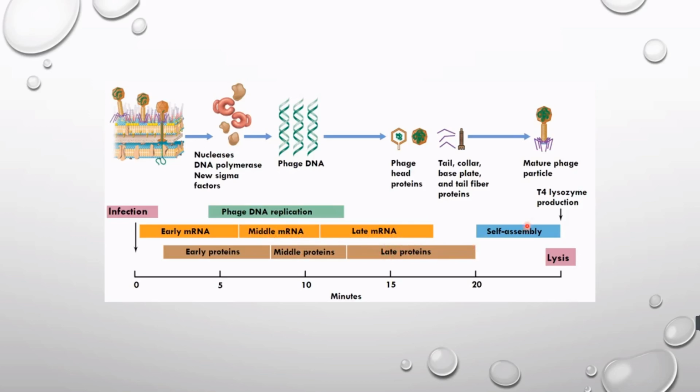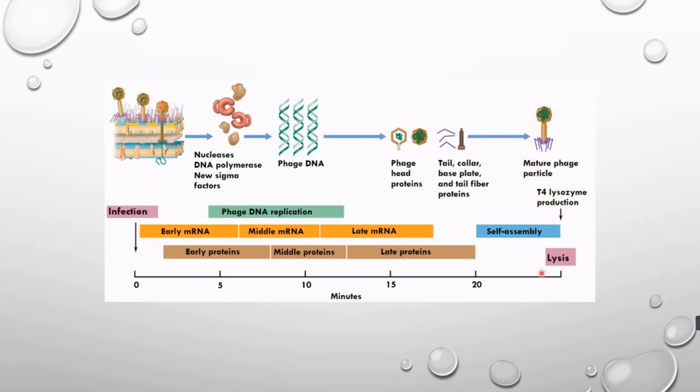We have assembly of the actual phage head and tail. The head is a spherical, icosahedral head, and here we have our helical tail. We have assembly of the virus, and in this particular case, the virus will actually lyse the cell.